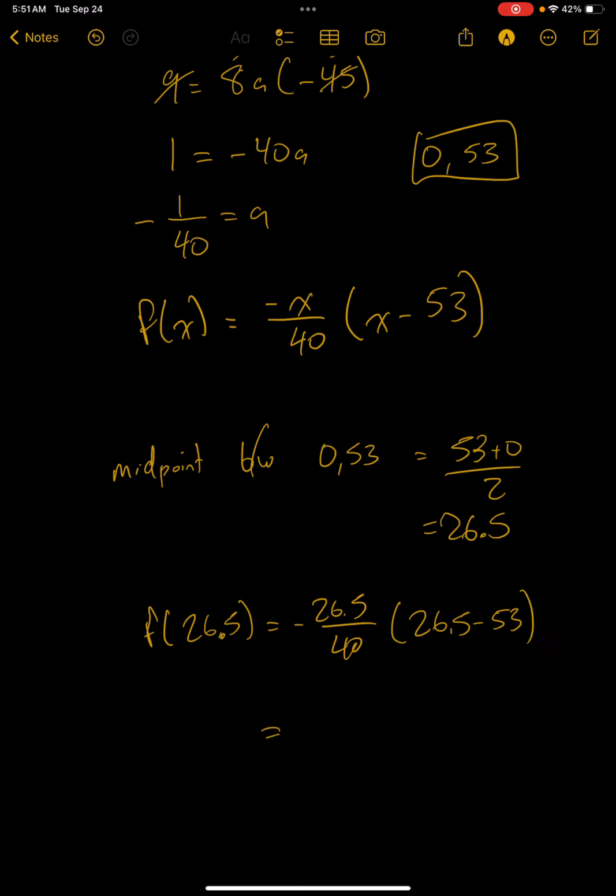If we pop that into our calculator, 26.5 divided by 40 equals 0.6625, times 26.5 minus 53. Oh, and by the way, that's negative. Let's fix that.